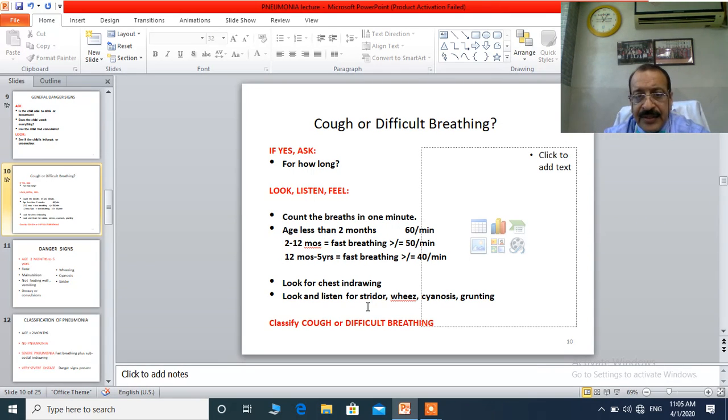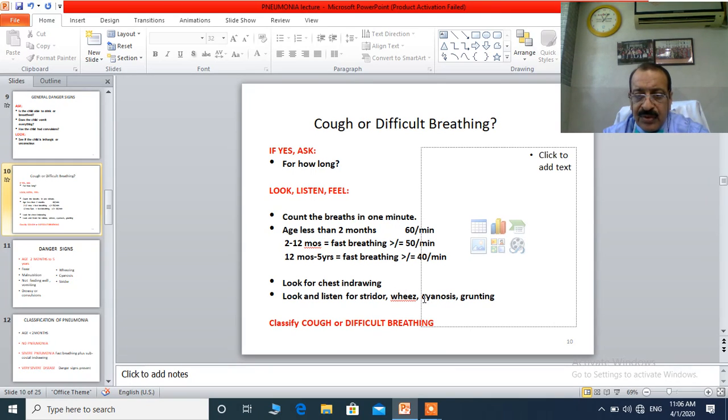Then listen for certain danger signs like stridor. Stridor is a sound which is produced when the child inspires, and it indicates upper airway obstruction. Wheezes are musical sounds which are heard towards the end of expiration, and they indicate narrowing of the small airways. Then of course we will look for cyanosis.